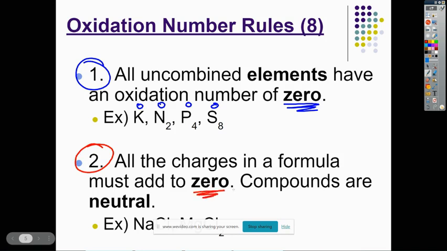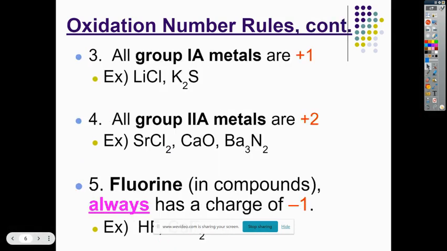They must be neutral. Obviously, we know all about that. Na and Cl will be a 1 plus and a 1 minus. In MgCl2, Mg will be a 2 plus, and each chlorine will be a 1 minus. So we are kind of reviewing those lovely little ionic charges that we already know.